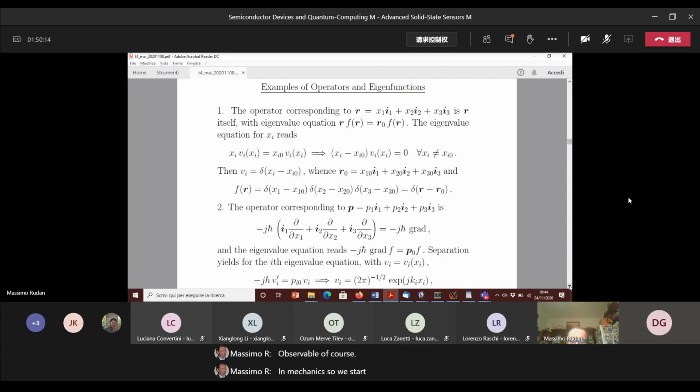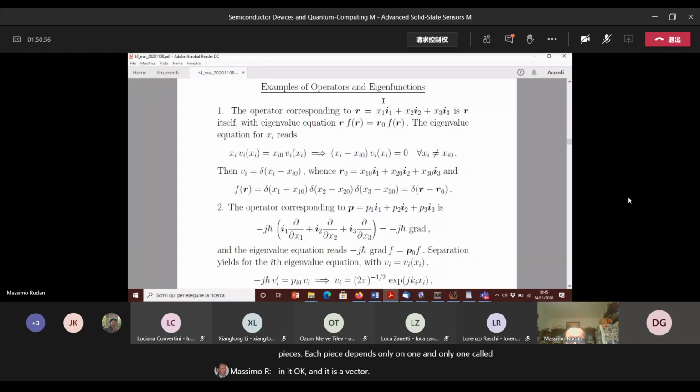So we start with the standard definition of position of classical mechanics, that is R. R is a vector of components x1, x2, x3, and the individual i1, i2, i3 are the unit vectors of the coordinate axes. So you see immediately that R is a quantity that is intrinsically separated into 3 pieces. Each piece depends only on one and only one coordinate, okay? And it is a vector.